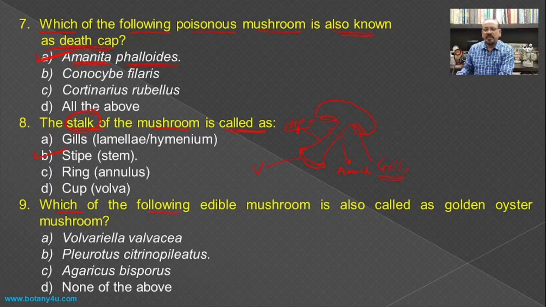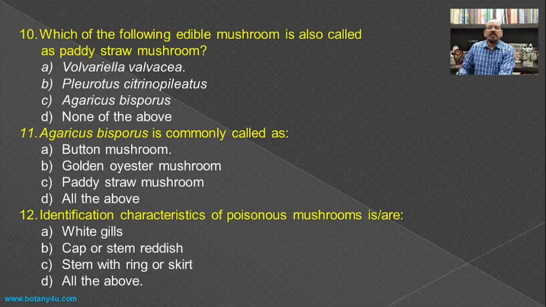Then which of the following edible mushroom is also called the golden oyster mushroom? Volvariella volvacea is known as the paddy straw mushroom. Then Pleurotus citrinopileatus is known as the golden oyster mushroom, and Agaricus is known as the button mushroom. It means that the answer becomes B. Then which of the following edible mushroom is called paddy straw mushroom?